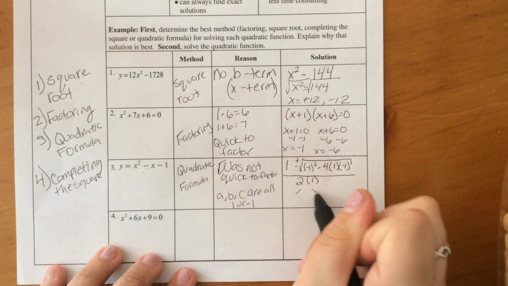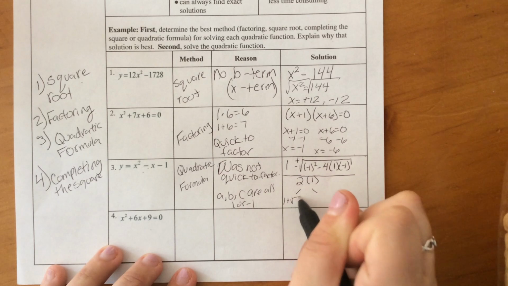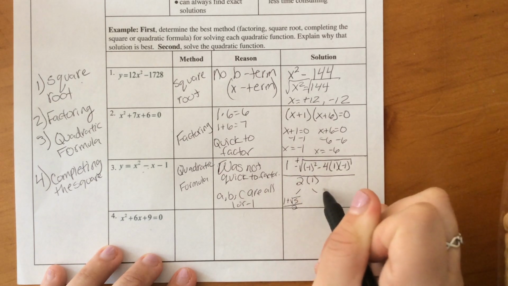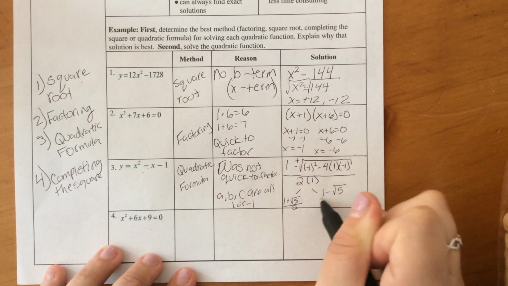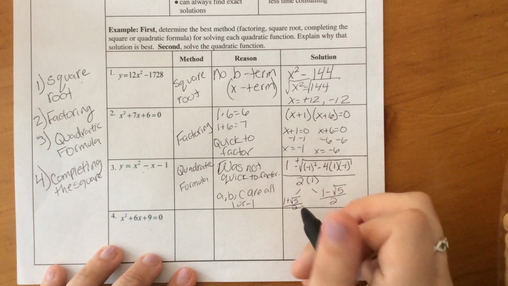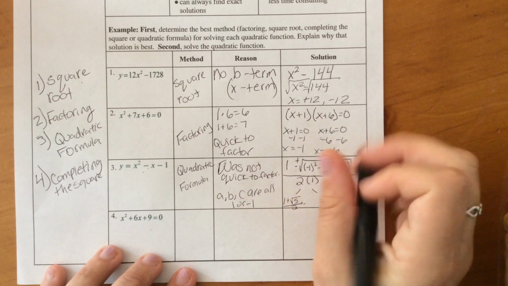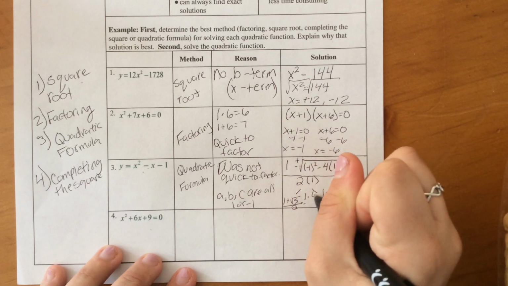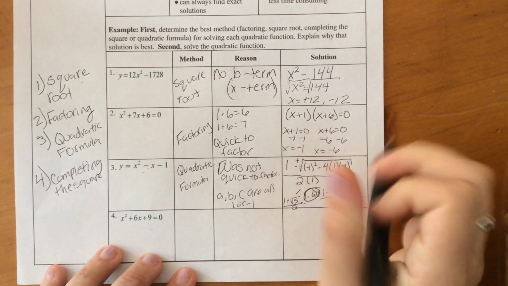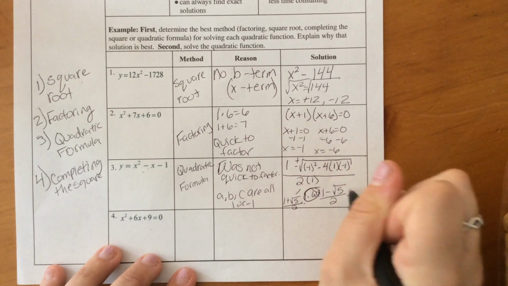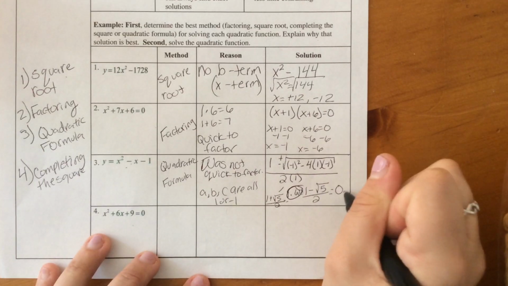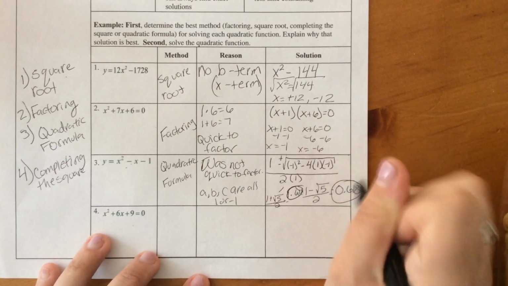Then I separate into the 2 equations: 1 plus the square root of 5 over 2, and 1 minus the square root of 5 over 2. When you solve that, 1 plus the square root of 5 divided by 2 is 1.618. And when you subtract, it's negative 0.618.